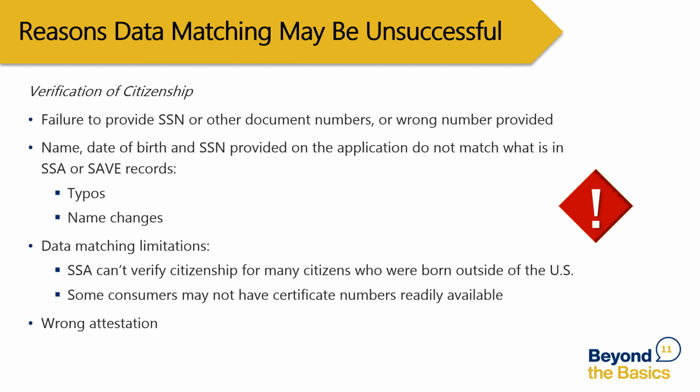It's just outside of the data that the Social Security Administration holds. And some consumers may have changed their name or their information, like maybe they got married and didn't change their information. So there's all sorts of different things that could happen.